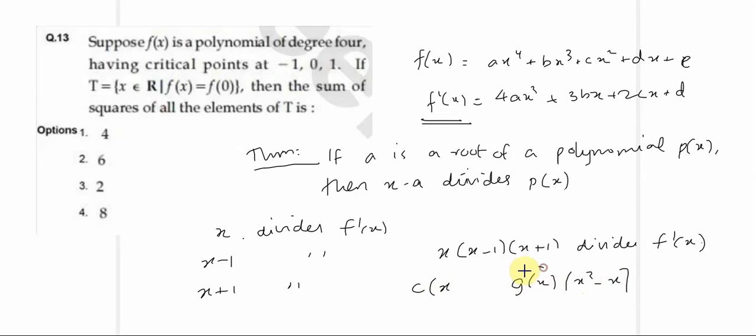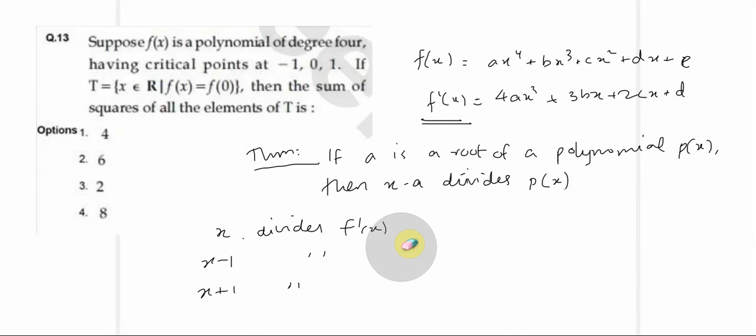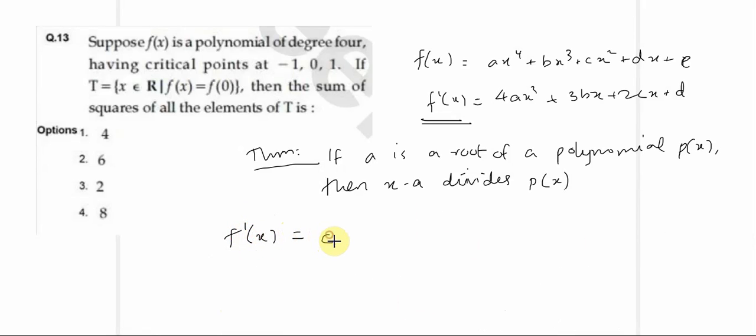G of x in this case has to be constant, because this is already cubic and you can't have any more powers of x in g of x. So from this information we get f prime x is some constant c times x cube minus x.